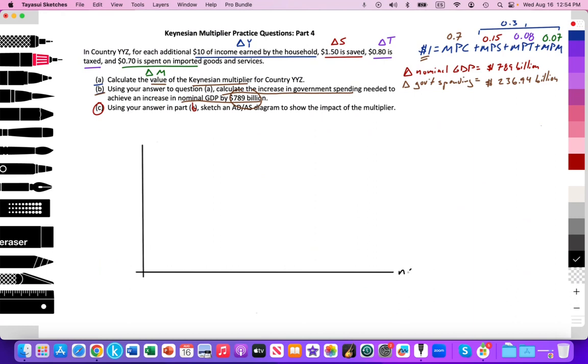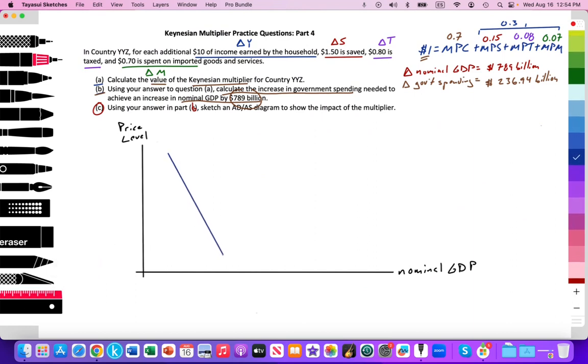X-axis is measuring nominal GDP in this case. Y-axis measuring prices of goods on average through the entire economy. So that's going to be our price level. And we're going to start with an initial downward sloping aggregate demand curve. So here we have AD, and we're going to label that aggregate demand 1.